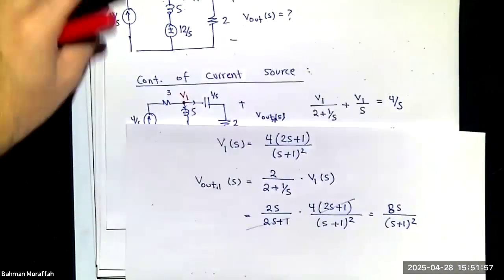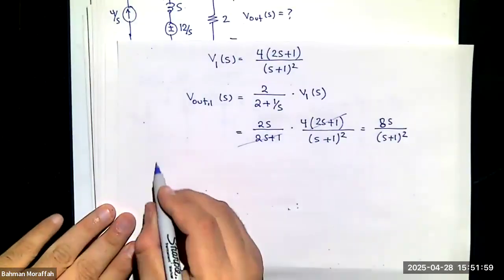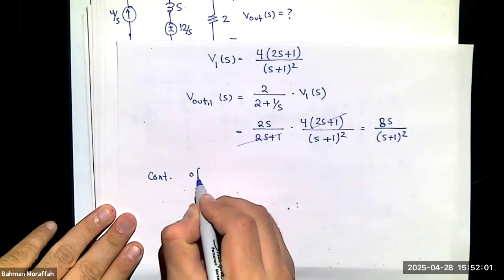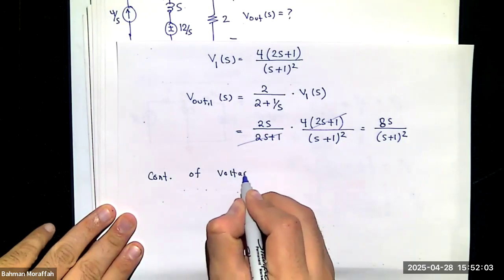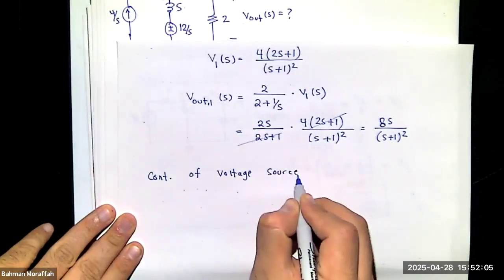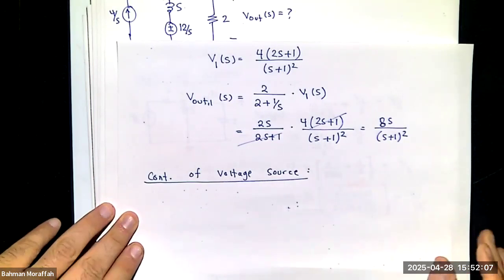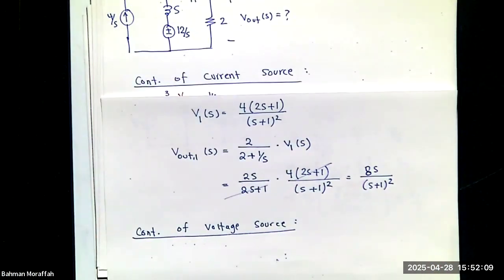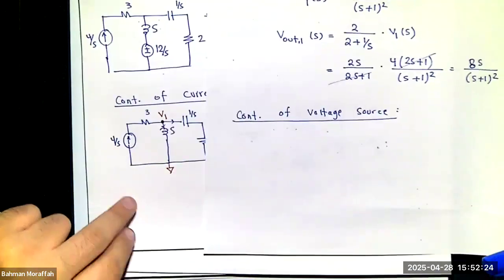What is the contribution of the second source? So what is the contribution of the voltage source? I'll keep that voltage source, get rid of the current source. How do I get rid of the current source? I open it. So my circuit looks like this.